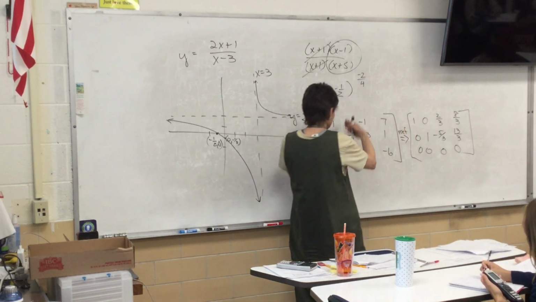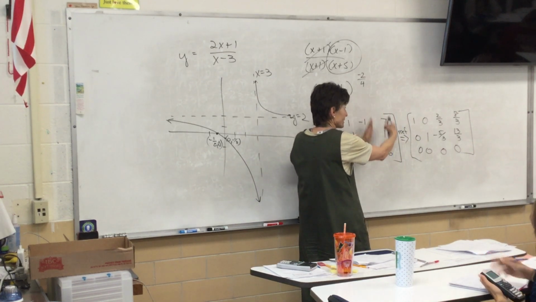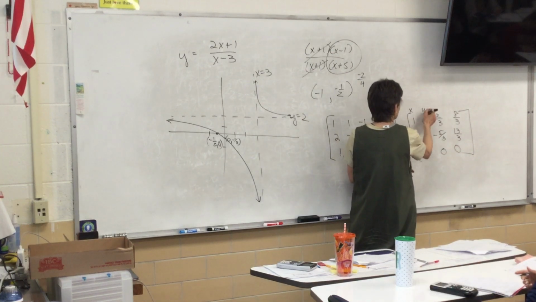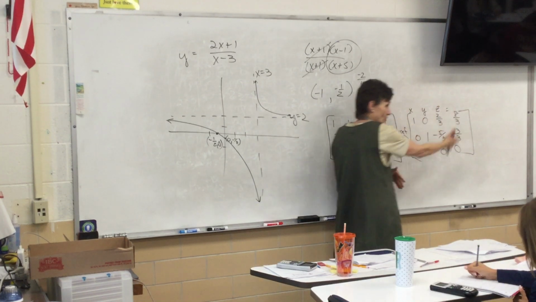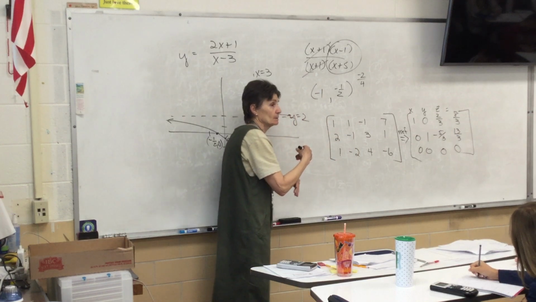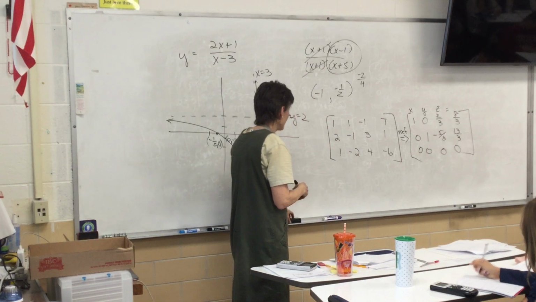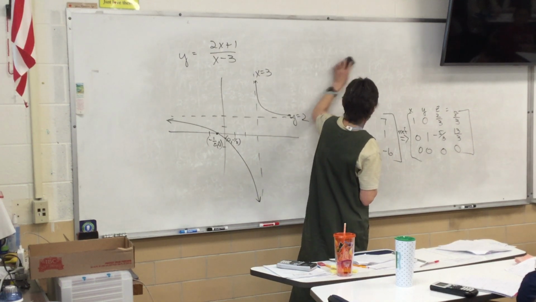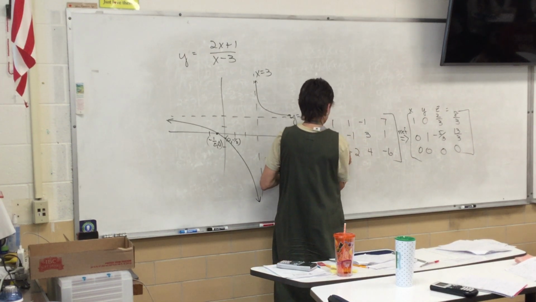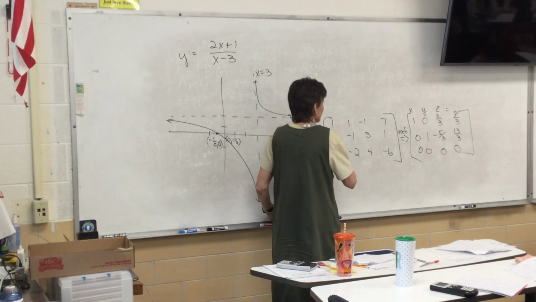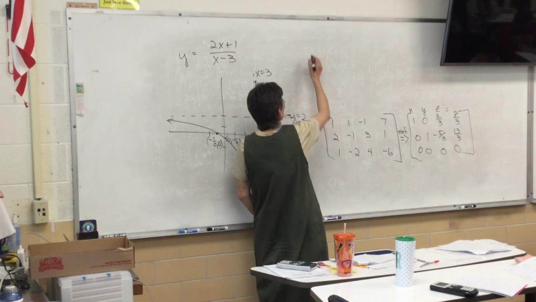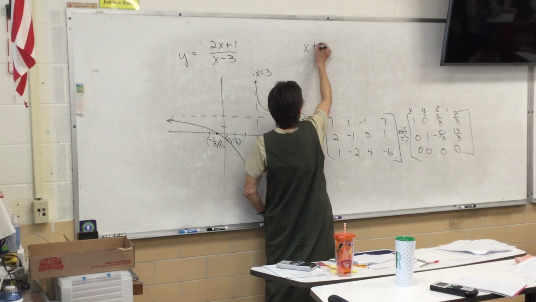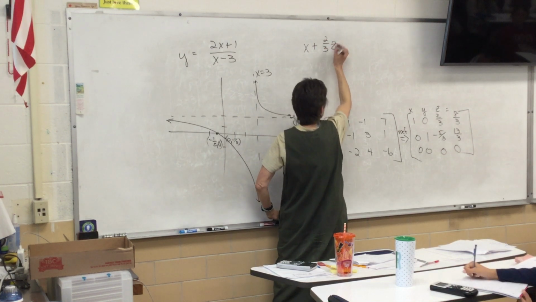Remembering that when you set up your original matrix, the columns were X, Y, Z, and equals. So if we look at that, when we look at that, the top row says X plus 2/3 Z equals 8/3.